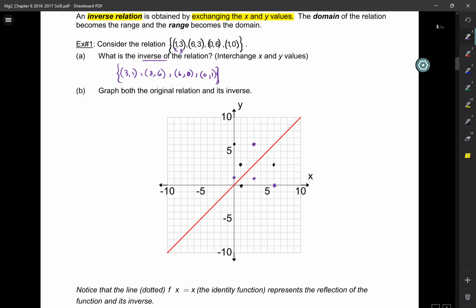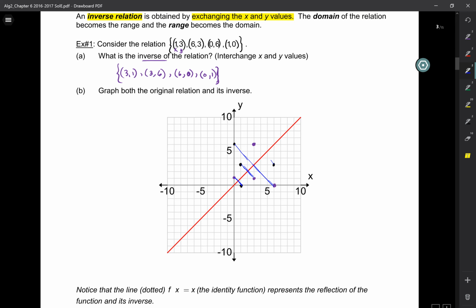What do you notice? For every black dot, there is a corresponding purple dot.